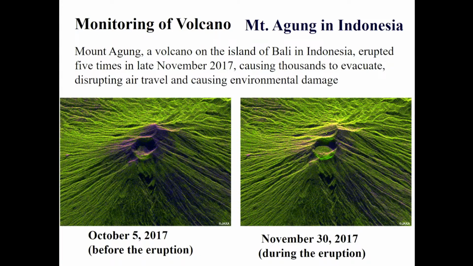Now, with the help of the SAR dataset, one can do continuous mapping and monitoring. I took this from the website of JAXA. This is the ALOS PALSAR dataset of Mount Agung in Indonesia, on the island of Bali, which erupted 5 times in November 2017.